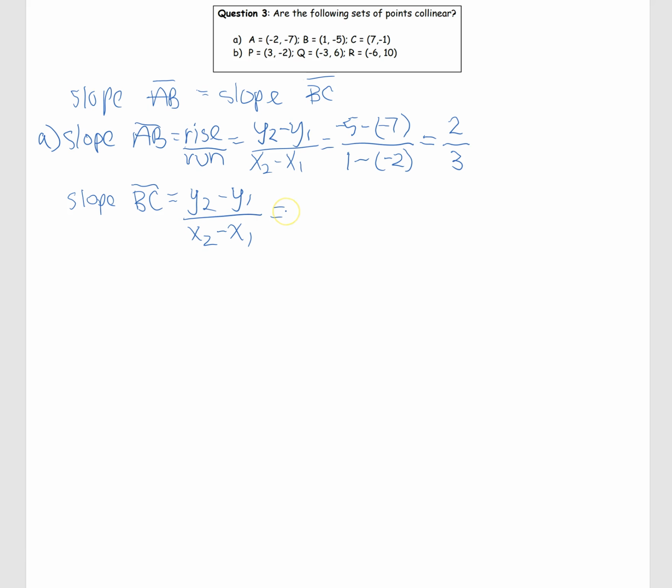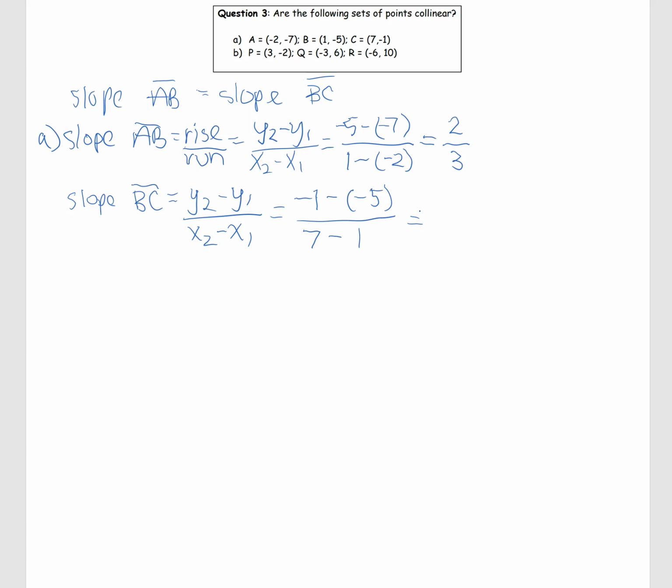And in this case, my x2 and y2 refer to point C, and my x1 and y1 refer to point B. So plugging that in gives me y2 is -1 minus y1, which is -5, over x2 is 7 minus x1 is 1.